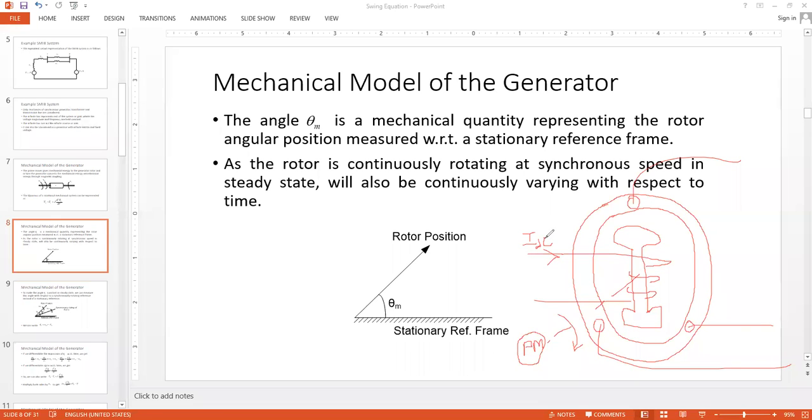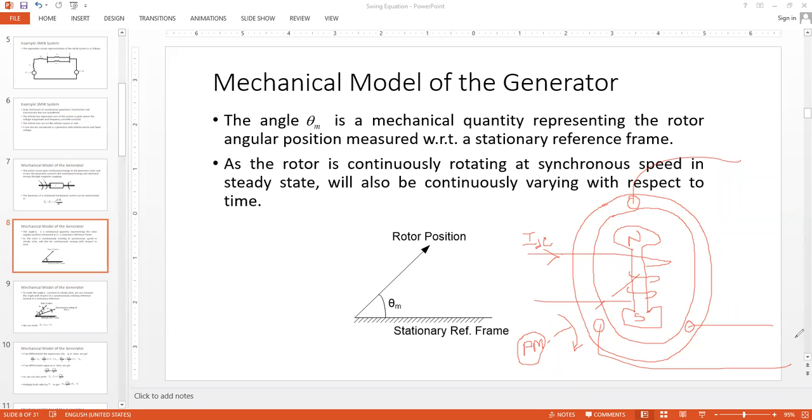So now can anyone tell what should be the rotor axis, or the center axis for the rotor? Considering it's a two-pole machine, let's say this is our north pole and this is our south pole, depending on the direction of current.